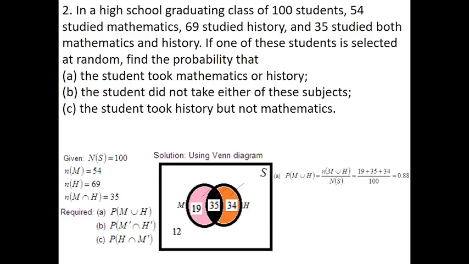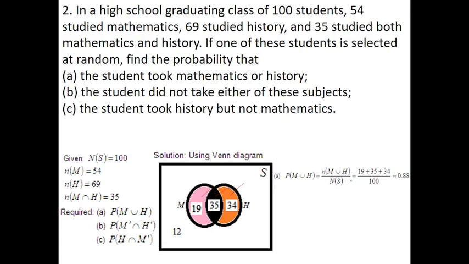So, yung tatlong kulay na yan, pink, black, and orange, add mo lahat, 19, 35, 34. Yun yung bilang ng lahat na nagtitake, lahat na nag-aaral ng dalawang subject. Or math lang, or history lang. Lahat, sakop. Basta nag-aaral.